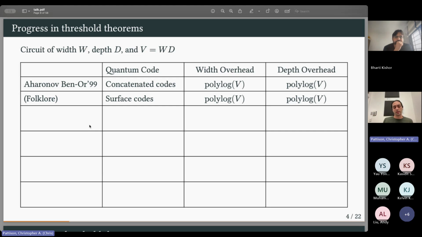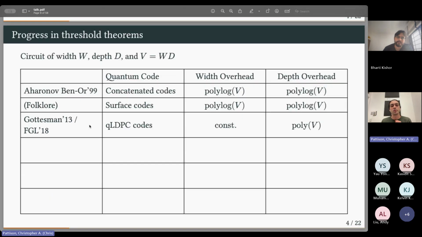At that point, the best known width and depth were both polylog in the number of gates in our circuit. And there's this folklore result that using a surface code, you can also get polylogarithmic depth and width. This is what we expect to be using with quantum computers soon.